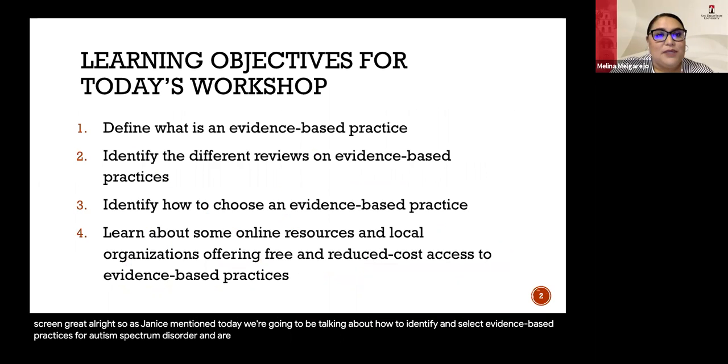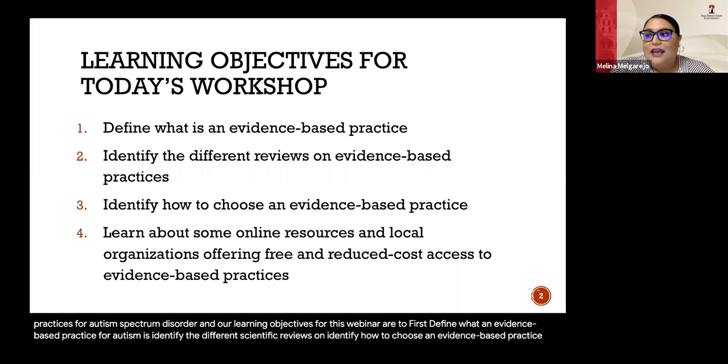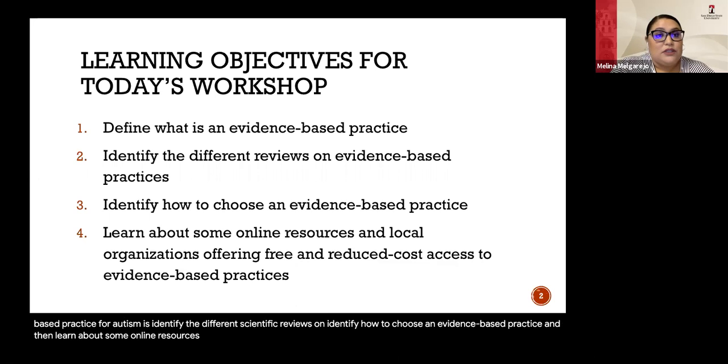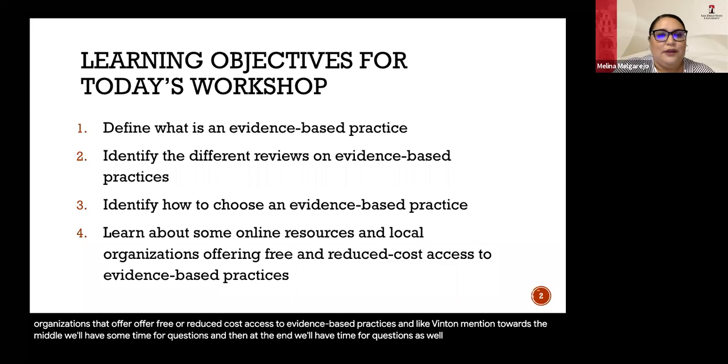And our learning objectives for this webinar are to first define what an evidence-based practice for autism is, identify the different scientific reviews on evidence-based practices, identify how to choose an evidence-based practice, and then learn about some online resources to learn more about evidence-based practices, and also about some local organizations that offer free or reduced cost access to evidence-based practices. And like Vinton mentioned, towards the middle, we'll have some time for questions, and then at the end, we'll have time for questions as well.